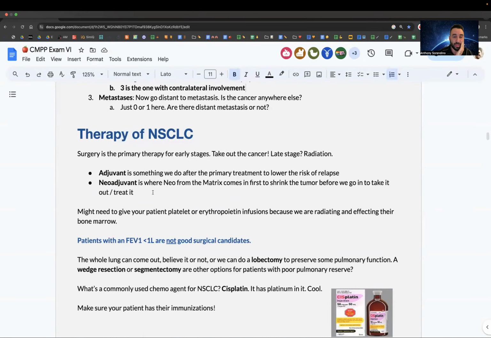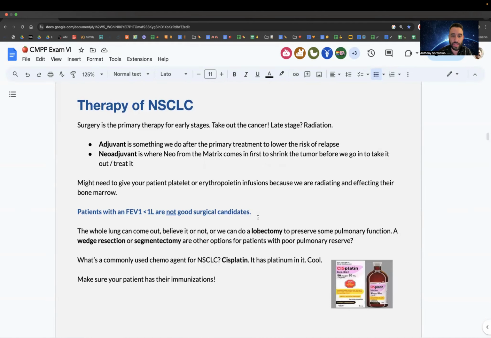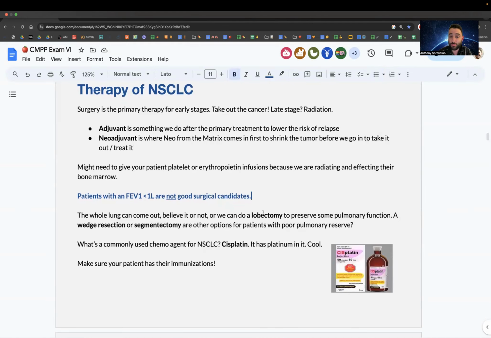We already talked about adjuvant and neoadjuvant therapies. Neo is where Neo from the Matrix comes in before the surgery, hits you with some radiation and chemo, and then we go ahead and take the tumor out because we want to shrink it first to make it a little bit more manageable. If a patient has an FEV1, the forced expiratory volume in 1 second, less than 1 liter, they're not going to be a surgical candidate because the surgery for this is going to be taking out parts of the lung.